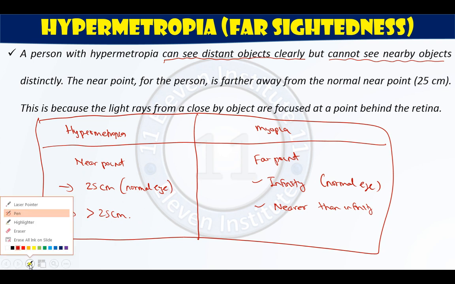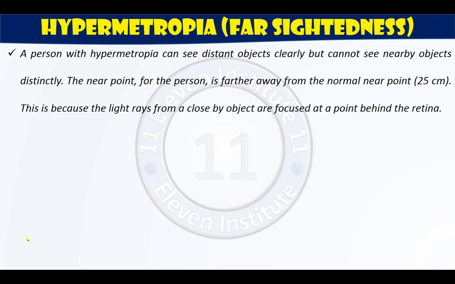Fine. Let us now discuss with the diagram what happens in case of farsightedness. Right. So again, I will draw a lens over here. And I will draw a retina over here. So this is the retina.